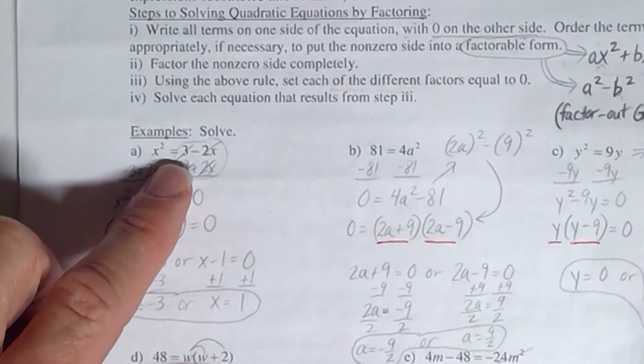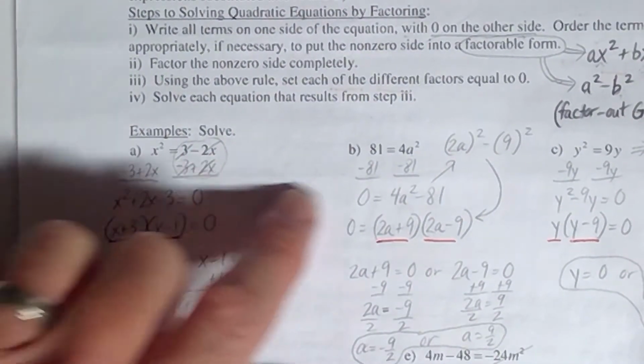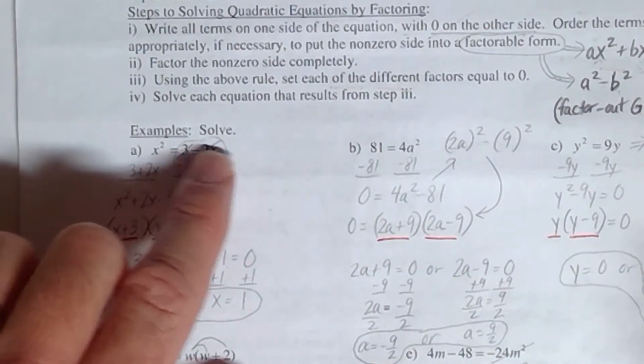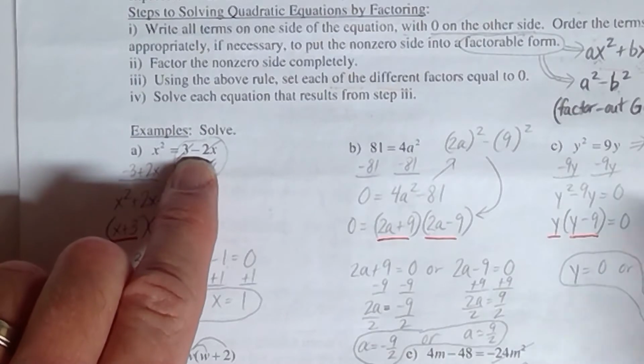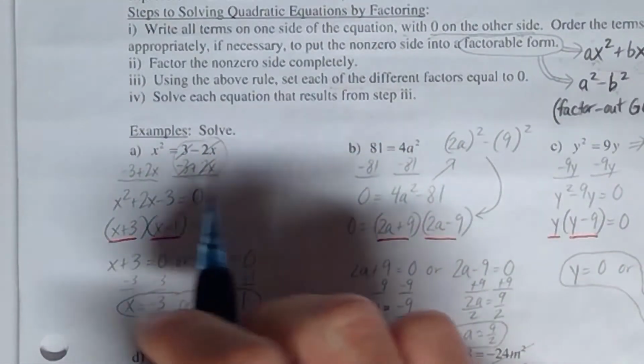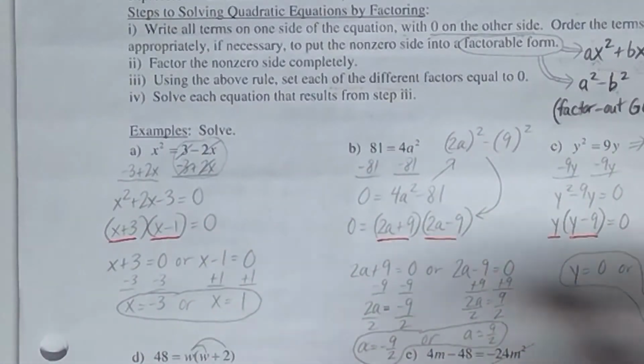Quadratic equations are the ones where you've got a polynomial on both sides of the equation. Here you've got a single-term polynomial, here you've got a two-term polynomial because of the minus in between. Here you just have a single term on each side. But both sides of the equation are polynomials.